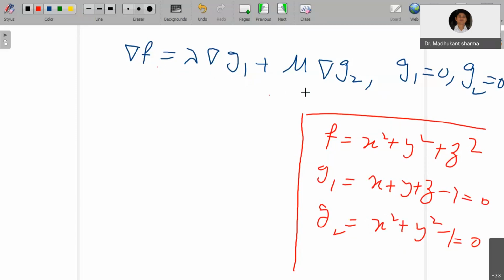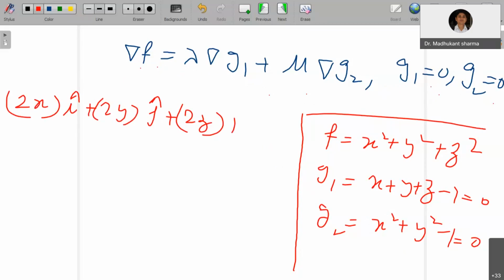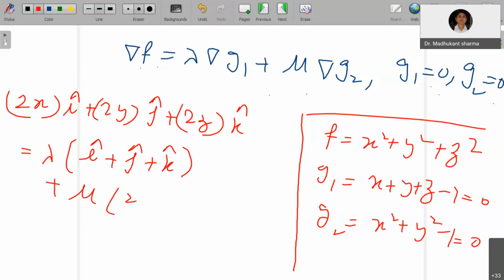This relation will give you three equations, and with the constraints, that is five equations in five unknowns, so that will give you a solution. So grad f is 2x i plus 2y j plus 2z k, equal to lambda times grad G1, which is i plus j plus k, plus mu times grad G2, which is 2x i plus 2y j. There is no z component.